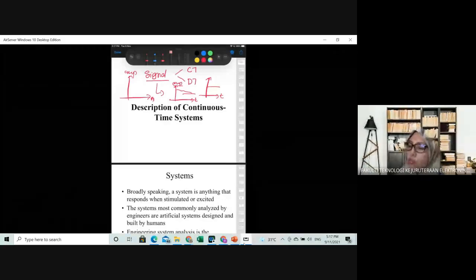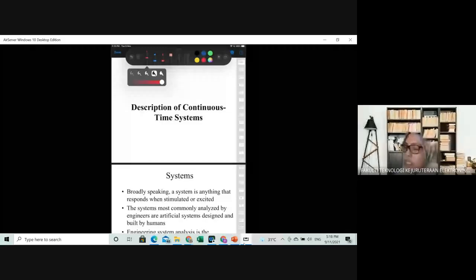So this week, or today, we're going to discuss systems. You have a simple block diagram here with an input signal and an output signal.